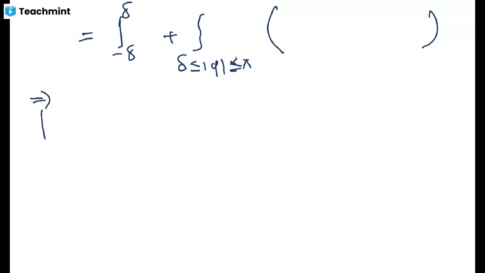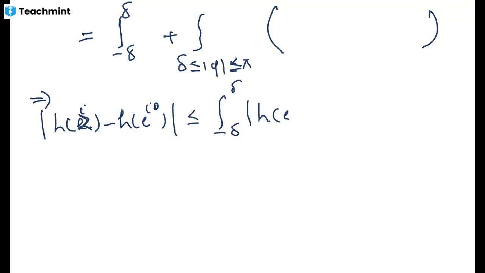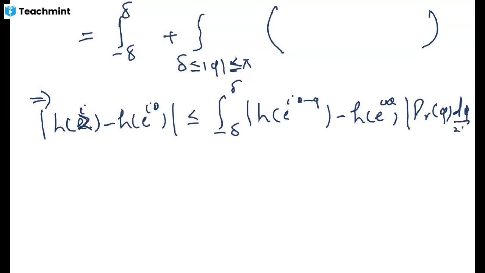So let's take the modulus of these terms now. |h̃(z) − h(e^{iθ})| will be less than or equal to, once you take this modulus inside the integral, the integral from minus delta to delta of |h(e^{i(θ−φ)}) − h(e^{iθ})|, and you know that this Poisson integral is a positive function, so let's keep it out of this modulus.